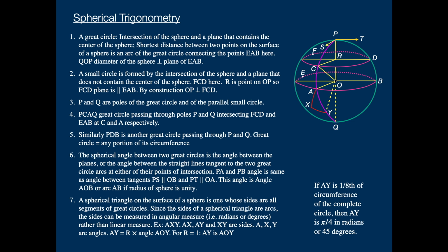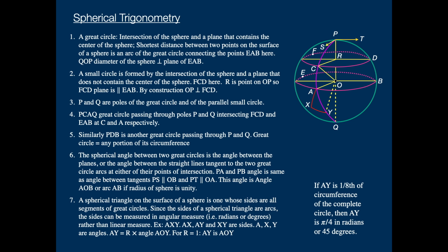For example, you have EAB. So the arc connecting the 2 points is a great circle. The plane passes through the center of the sphere. QOP is the diameter of the sphere, perpendicular to the plane of EAB.